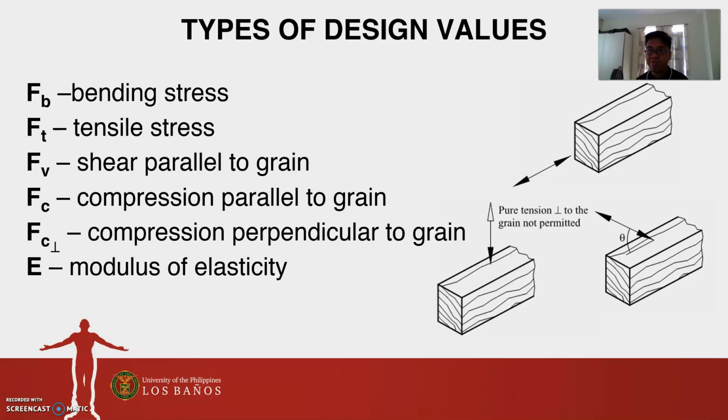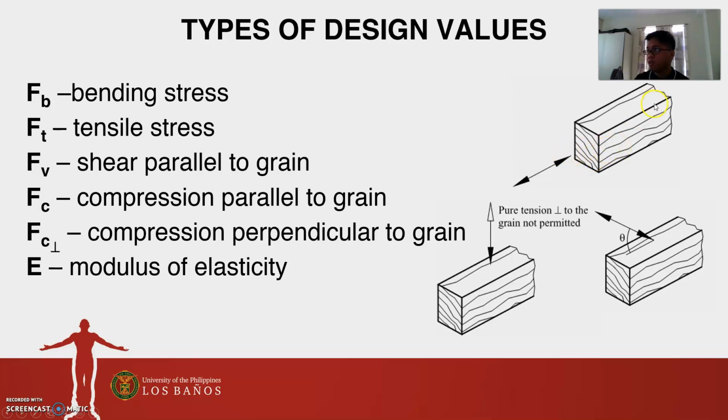So the small letter fv will be compared to the design value, big letter F sub V, but of course multiplied later on with the adjustment factors. FC, the compression parallel to grain, deals with column behavior.